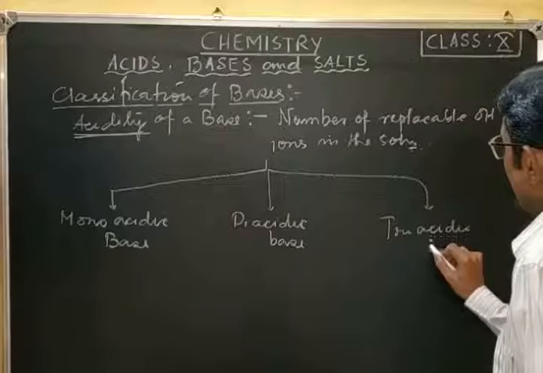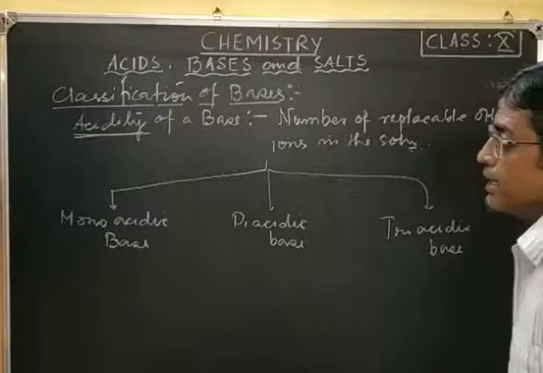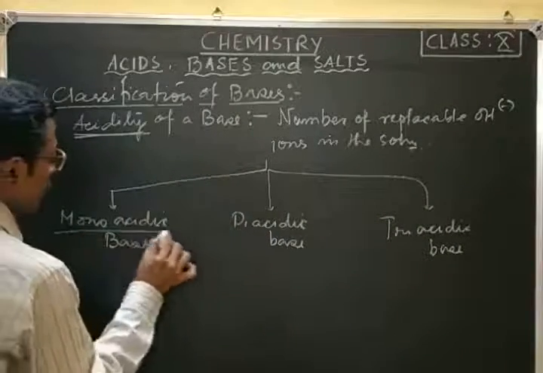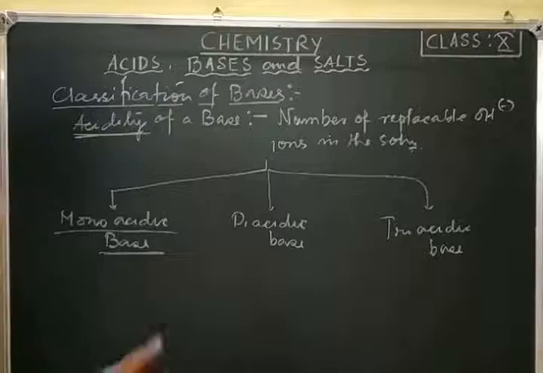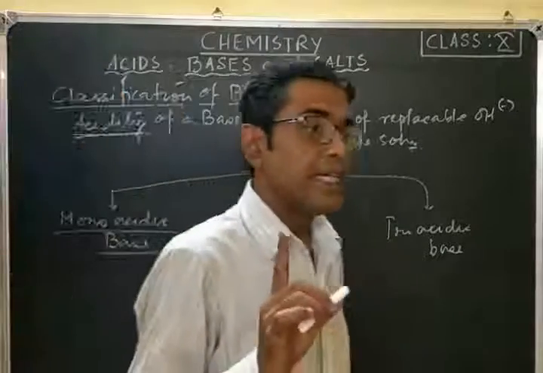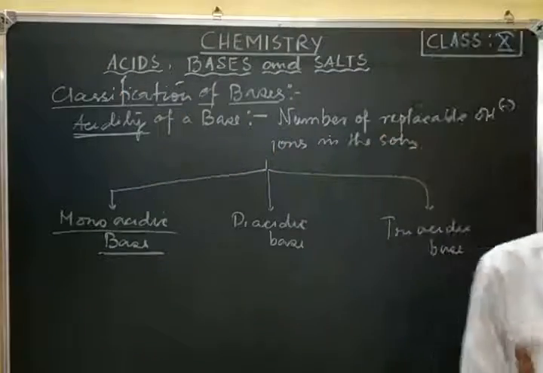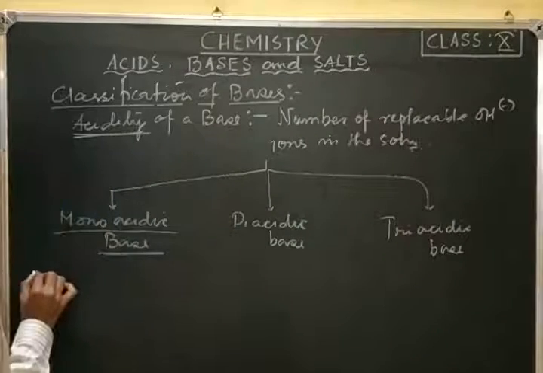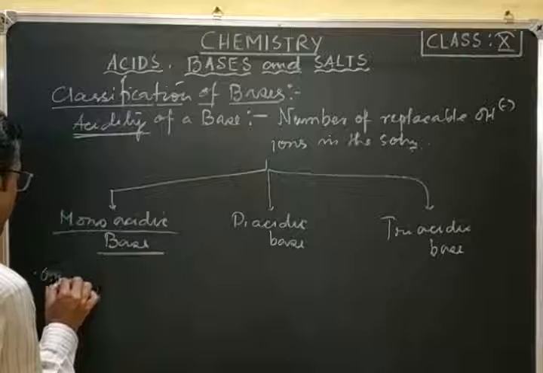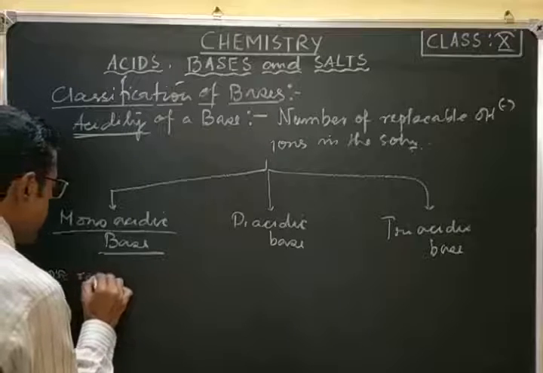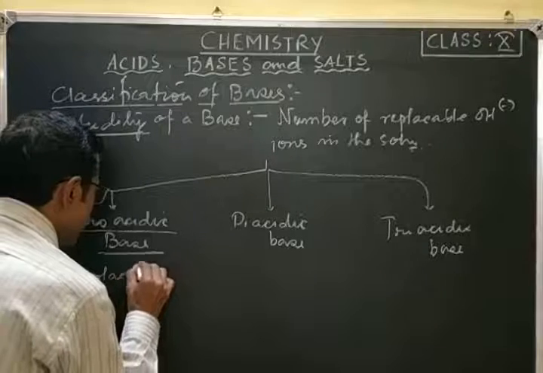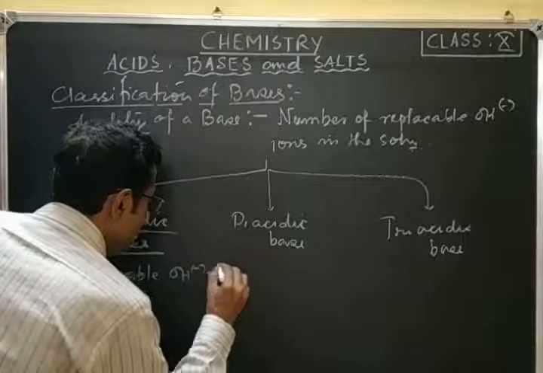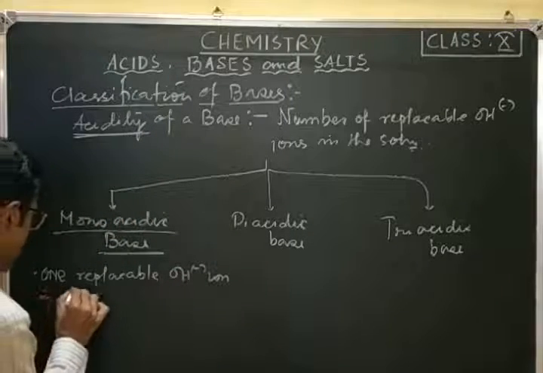So first is monoacidic base. What is that? This type of base has only one replaceable OH minus ion, one hydroxyl ion in the solution.